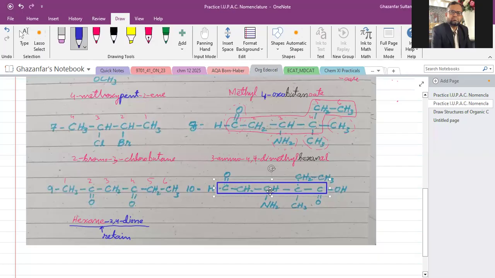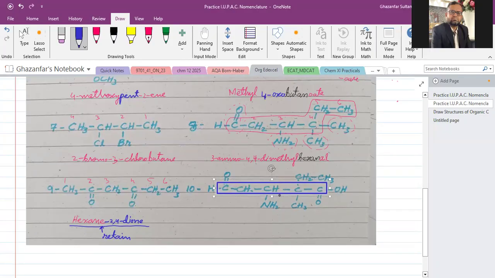As in the initial lectures of nomenclature, I told you that it is not necessary that the parent chain is always longer, because it has certain properties: it should have all the possible groups and the functional groups.